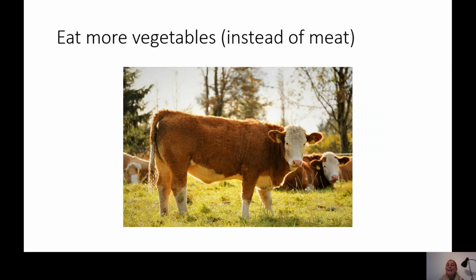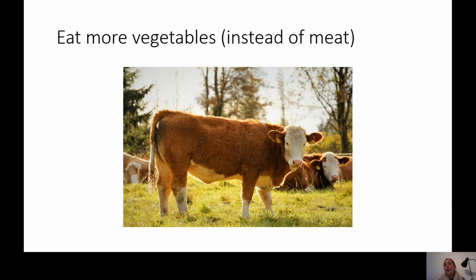So we need to eat more vegetables instead of meat. Our livestock, our cows and sheep, pigs, chickens, they take up a lot of energy. They eat a lot of crops, which could be used to feed humans.